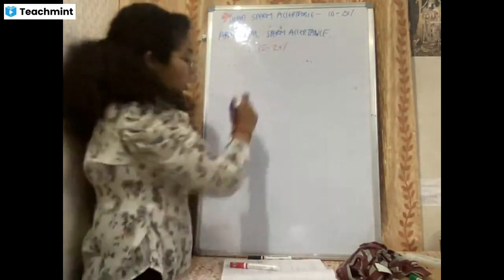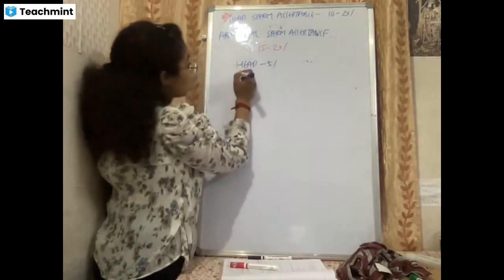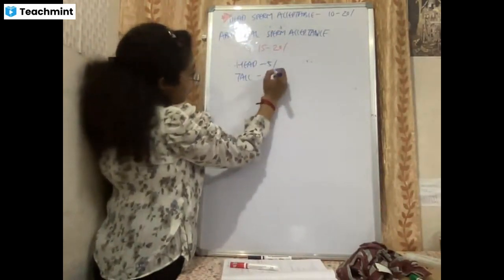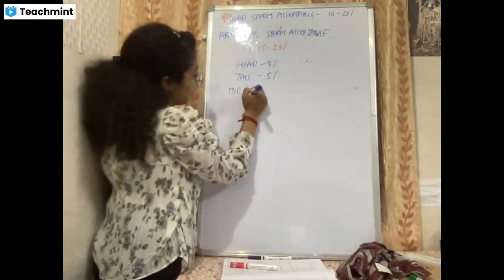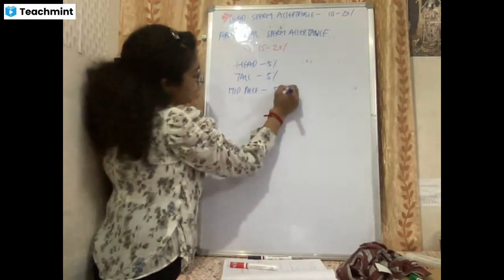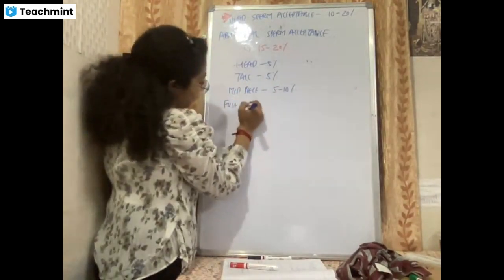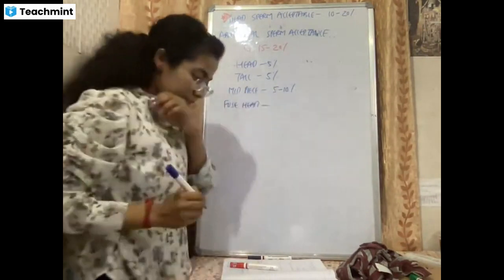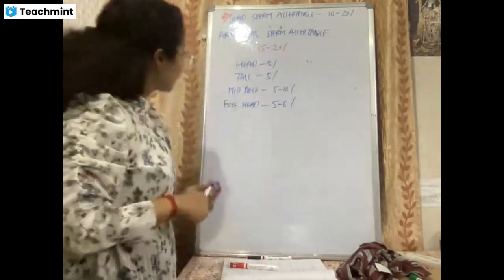With defect in head 5%, with defect in tail 5%, then middle piece it's 5 to 10%, and fused head it's 5 to 6%.